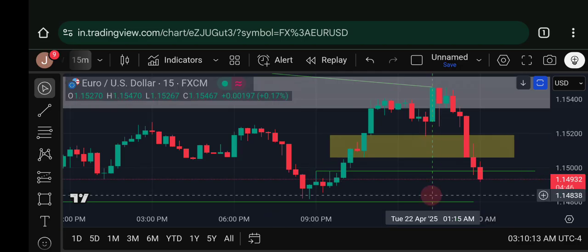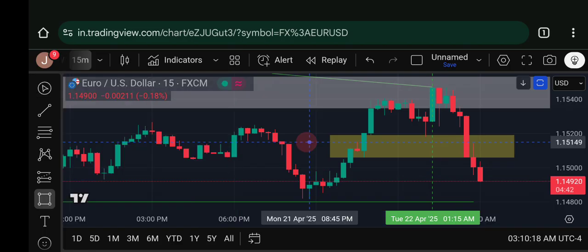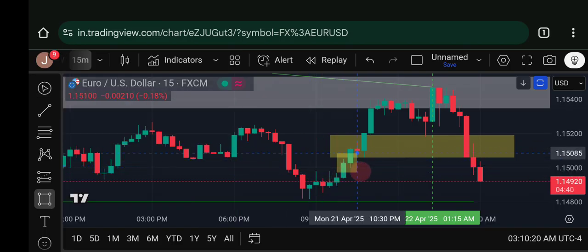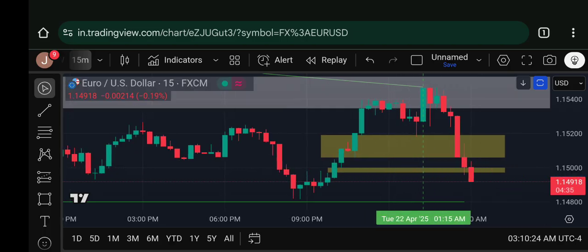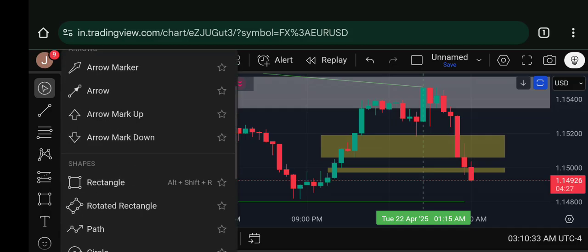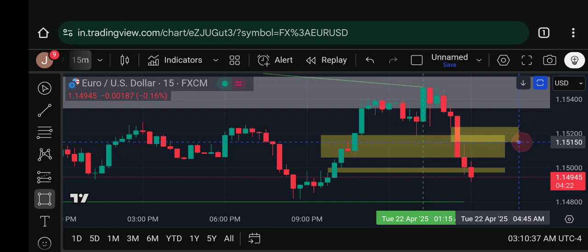Here we can see the series of bullish displacement, that is bullish fair value gaps, getting disrespected. As price has disrespected this, I don't think it would come up. Even if it comes up, there is a resistance here.